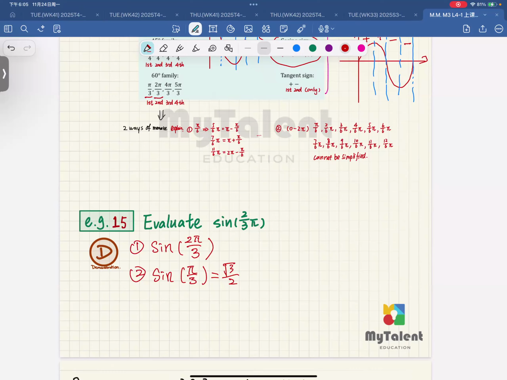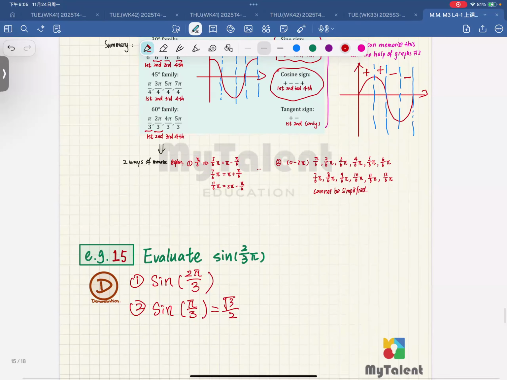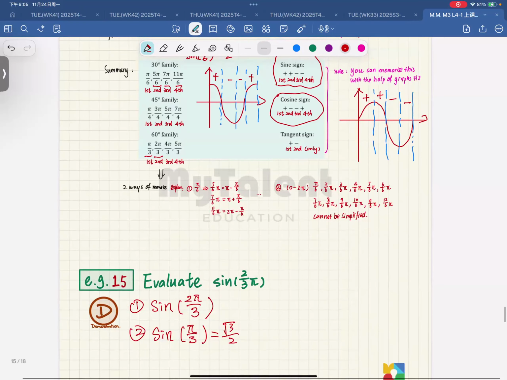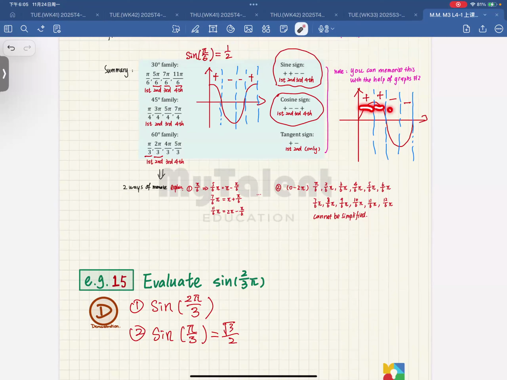Now we need to figure out the sign, positive or negative. For the sine graph, it's positive, positive, negative, negative. So is that positive or negative? Positive.